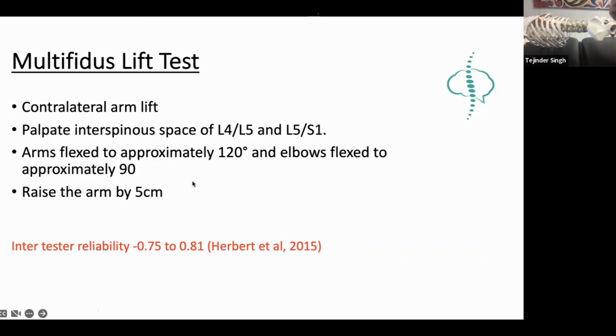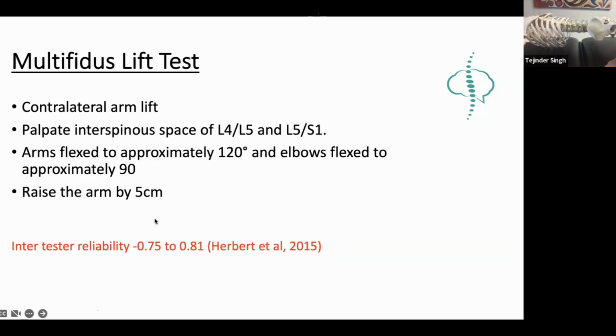The idea is just do a little bit of arm motion, because if you do too much, it's going to activate the superficial fibers as well. So what you're trying to do is keep your hand here and ask the patient to lift the contralateral arm. And you're feeling for the contraction.